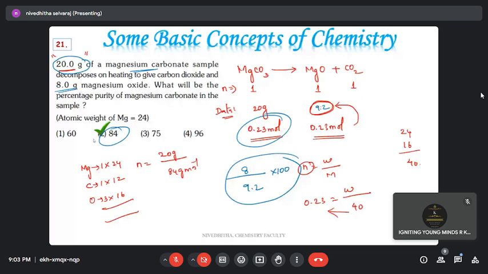Actually, the original number of moles of magnesium carbonate taken is 0.238. So you cannot round off to 0.2. Here, the options are wide enough, so you can take 0.2. But if the options are narrow, then you cannot do it.